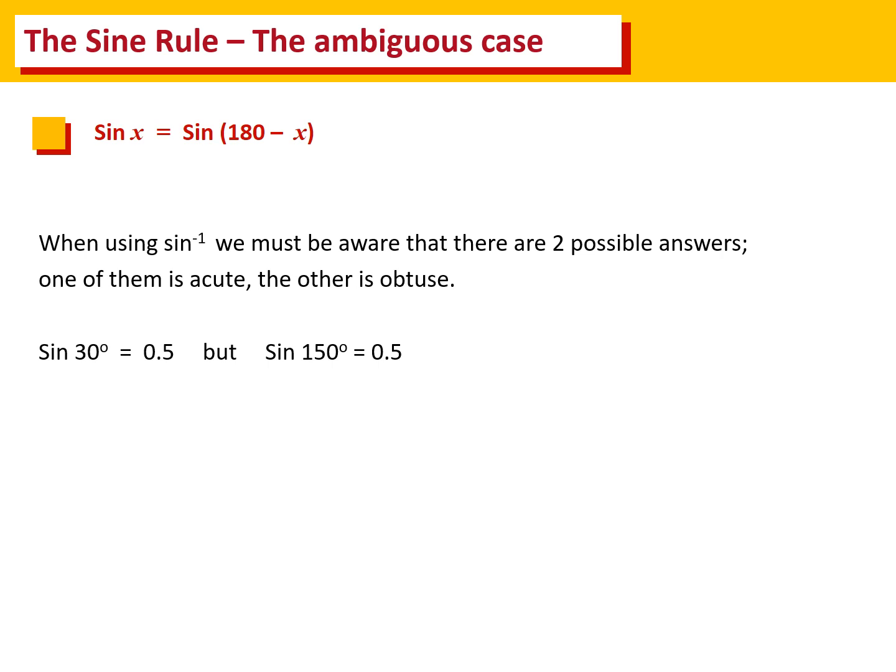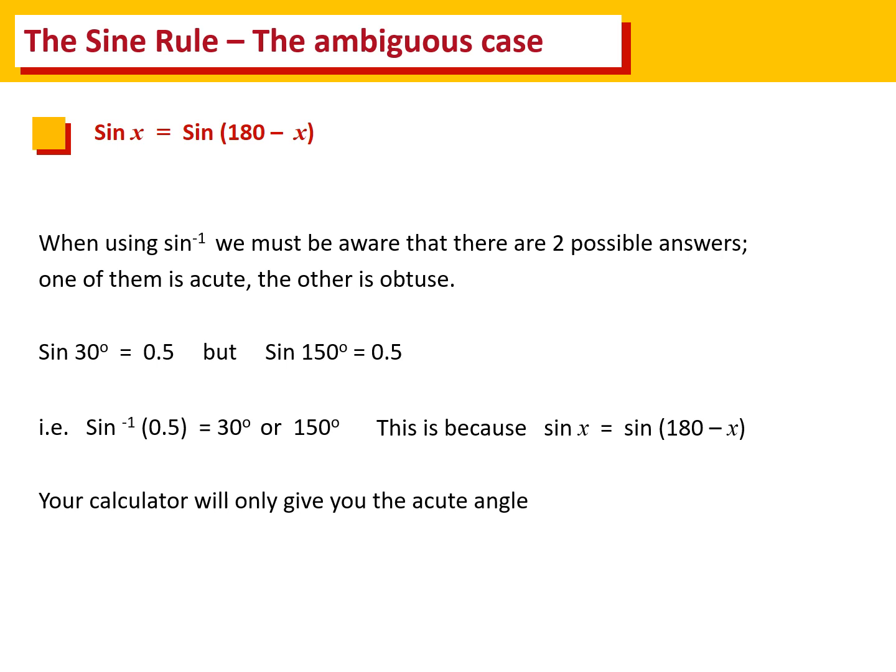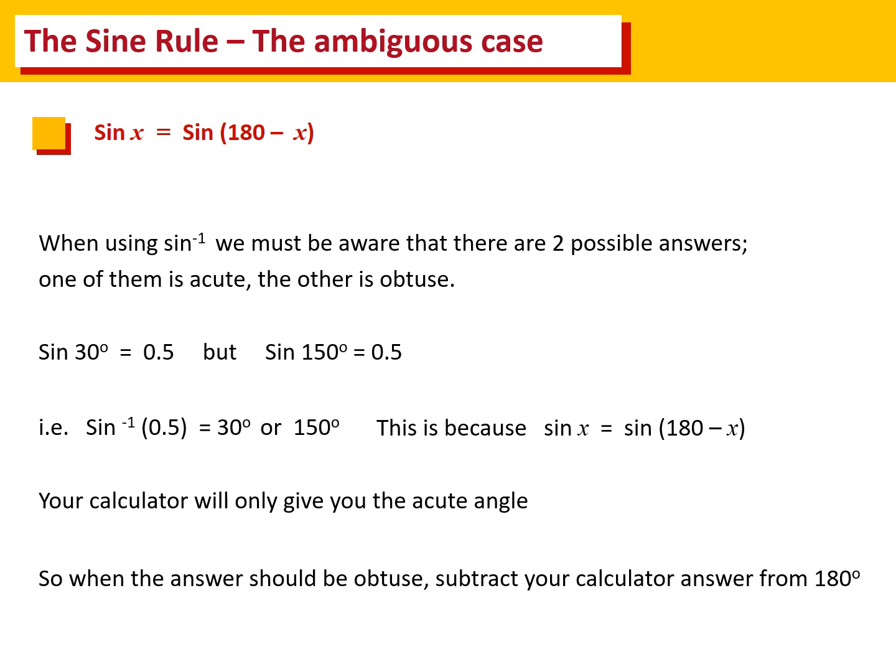Sine 30 and sine 150 are both 0.5, i.e. the inverse sine of 0.5 is 30 or 150, and that's because your calculator will give you the acute angle x. In order to find the obtuse angle x, you simply subtract x from 180 degrees. Remember, your calculator only gives the acute angle. So you have to look at information in the question to tell yourself, I need to subtract that angle from 180 degrees.